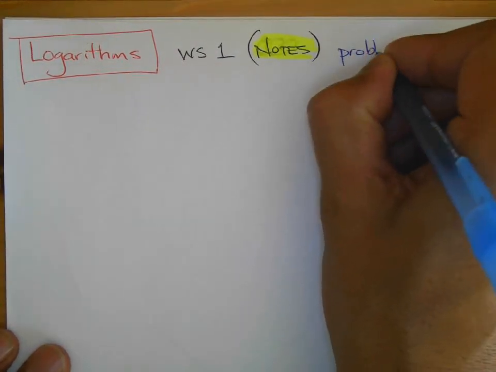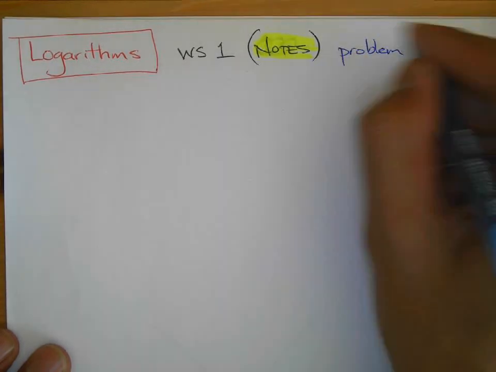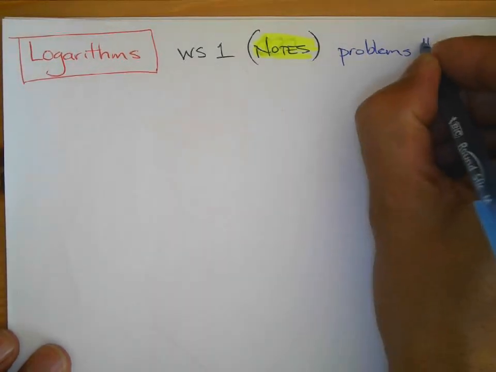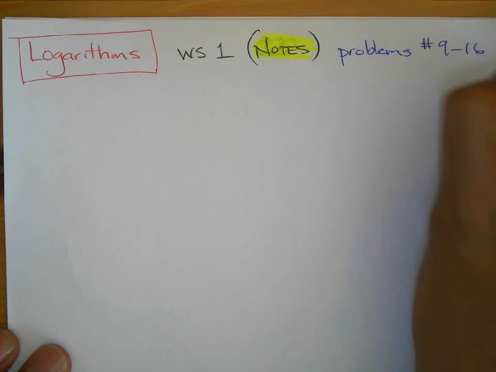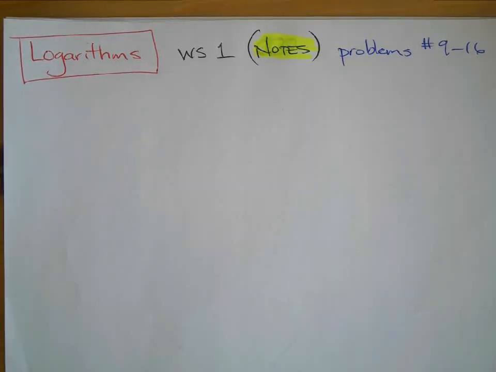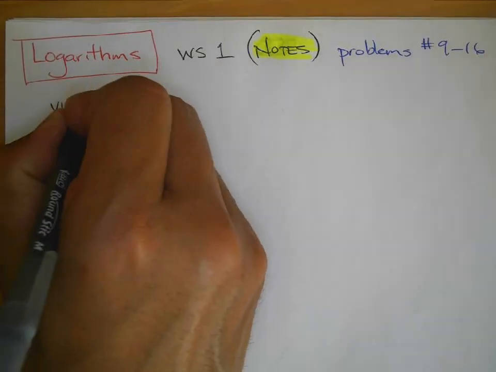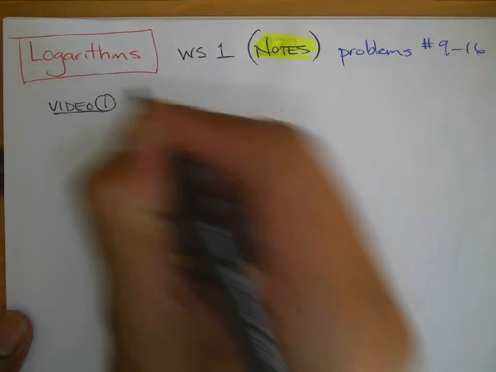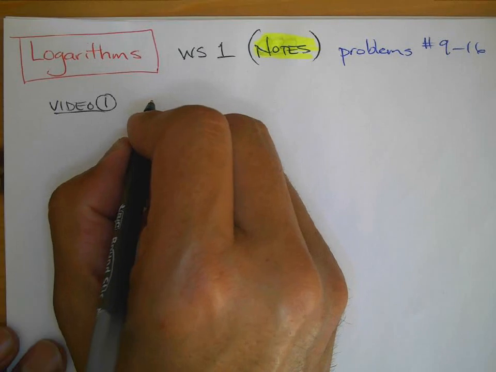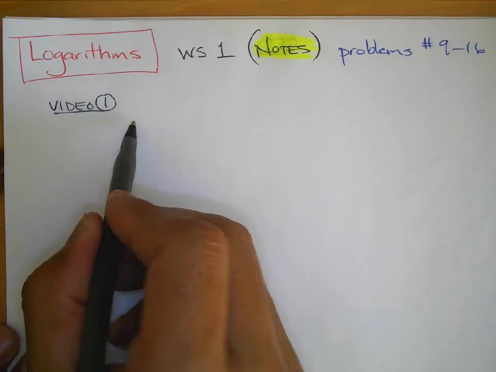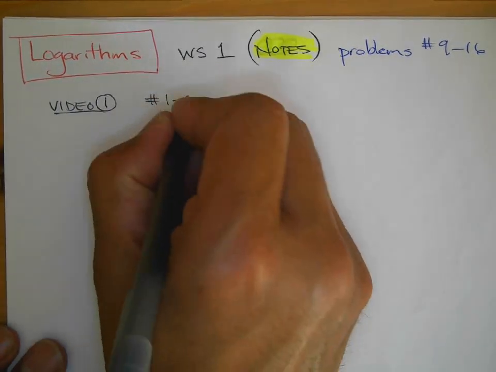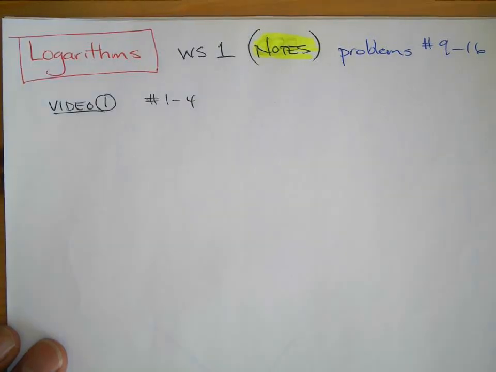This is for problems on worksheet 1, 9 through 16, how to do those. This is going to be different. So let me just say it again. Video 1 was for the notes that I gave you on video 1. The first video was to do problems numbers 1 through 4.